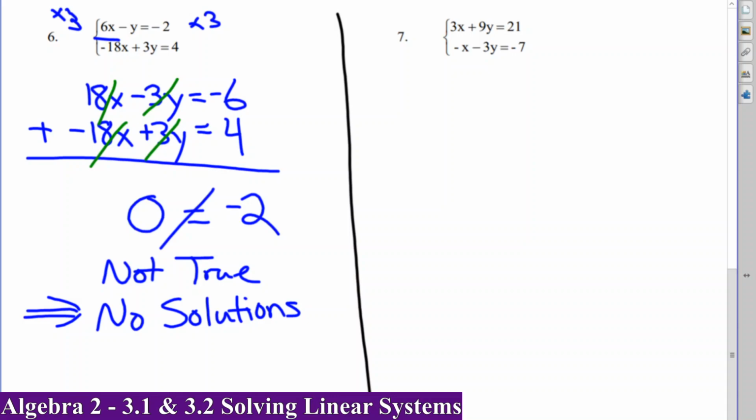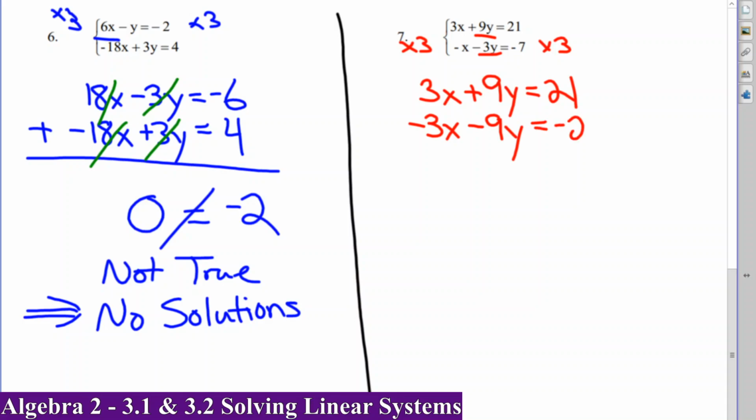Okay, if I do the same thing with number 7, let's say I try and eliminate my y's here, a negative 3y, positive 9. I'm going to multiply the second equation by 3, everything by 3. So I'm going to rewrite the first one, and I'm going to get a negative 3x minus 9y equals a negative 21. And when I add those together, well, my x's and y's on the left side of my equation cancel out, right? So we're going to be left with 0 on the left.